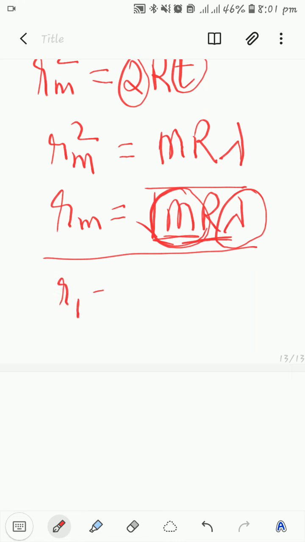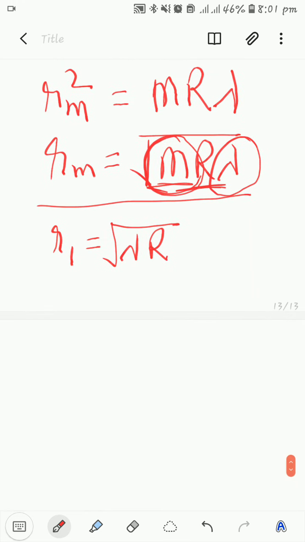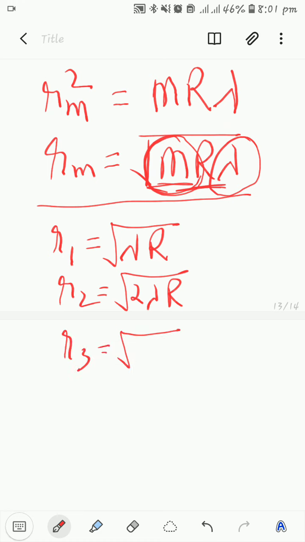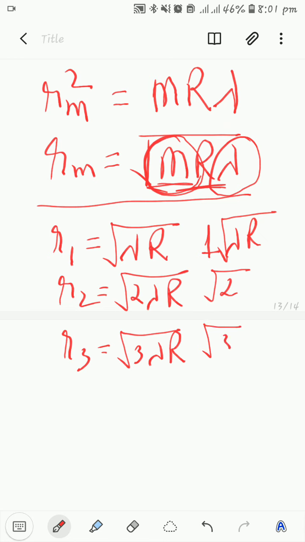So for r1 if we calculate, we get under root of lambda R. Next for r2 we get under root of 2 lambda R. Okay, and for r3 we get under root of 3 lambda R. So here the value is 1 times under root of lambda R, this value is under root 2 times, this value is under root 3 times.